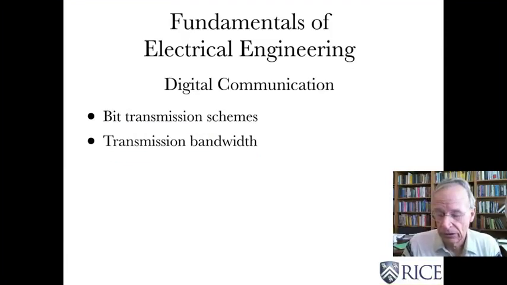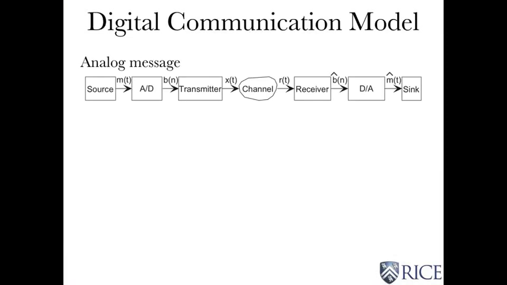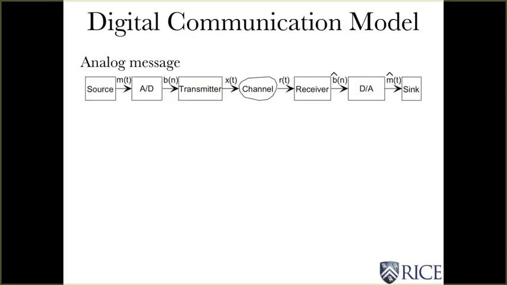So let's get started and develop what's called the digital communication model. Here I show a situation similar to what we've already talked about in terms of analog communication, in that I have an analog signal, a message M, that's to be sent to the sink. Now, as opposed to the analog situation where we automatically send that to the transmitter to modulate it, here we go through an A to D converter to create bits.